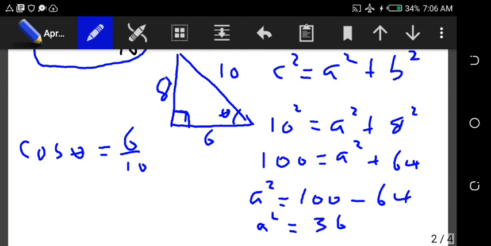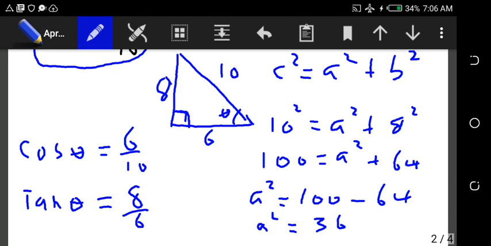If we were expected to also evaluate tan theta, remember that from SOHCAHTOA, tan theta is opposite over adjacent, and the opposite in this case is 8, while the adjacent is 6.